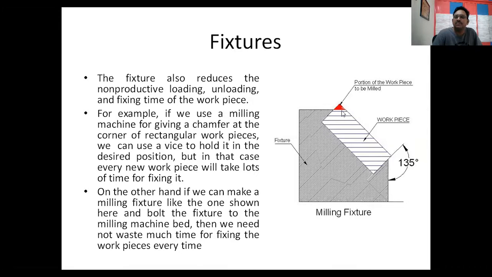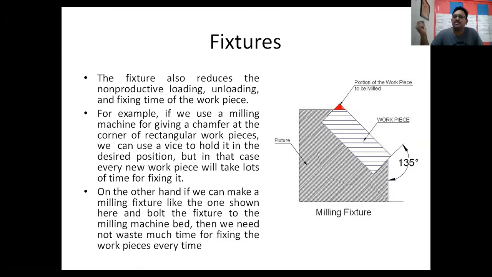Because the milling fixture has a certain angle here, plain horizontal milling operations can be performed, whereas I can get a chamfer here. So a number of products can be made in a shorter time.